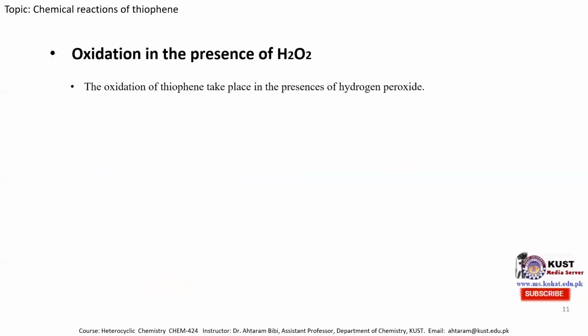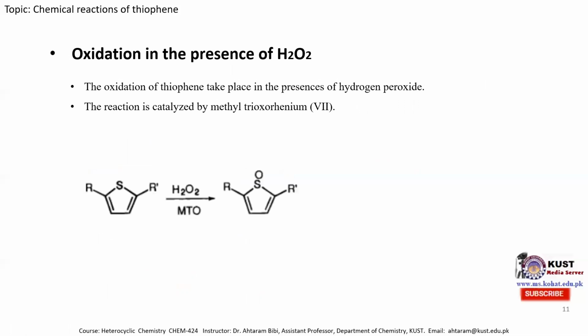Oxidation in the presence of hydrogen peroxide. The oxidation of thiophene takes place in the presence of hydrogen peroxide. The reaction is generally catalyzed by methyltrioxorhenium in the +7 oxidation state. And in this case, when the substituted thiophene is treated with hydrogen peroxide in the presence of methyltrioxorhenium, then one can obtain the thiophene sulfoxide.